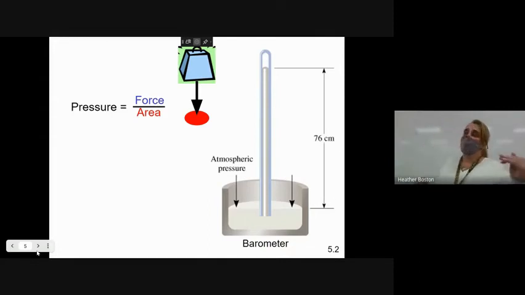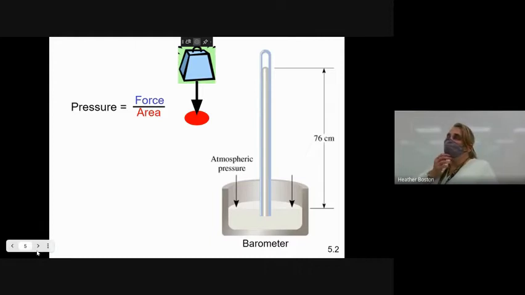So how a barometer works is it actually has a pool of mercury at the bottom. That pool of mercury is being pressed on with the same amount of force as we are. So it presses down on the mercury and pushes it up the column. And at the top of the column, there's what we call a vacuum. Does anybody know what's in a vacuum? Nothing.